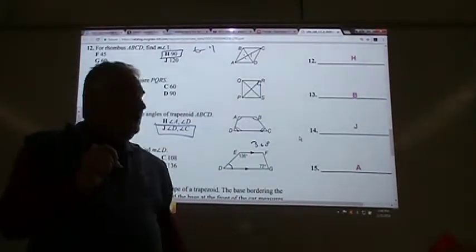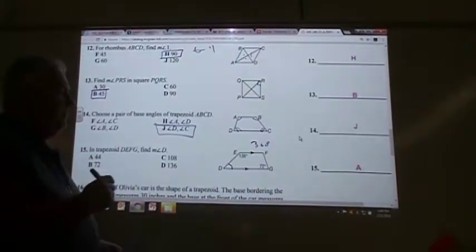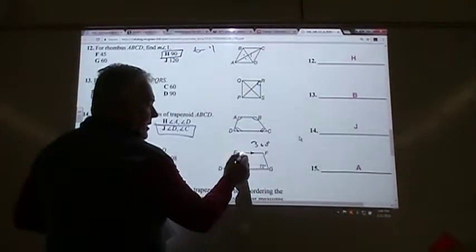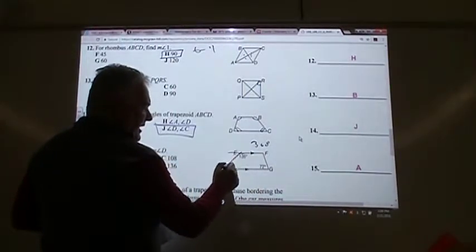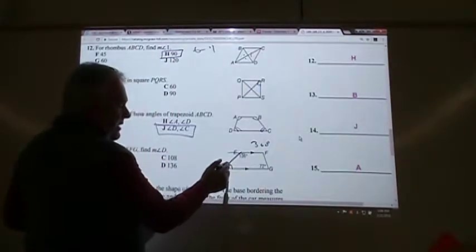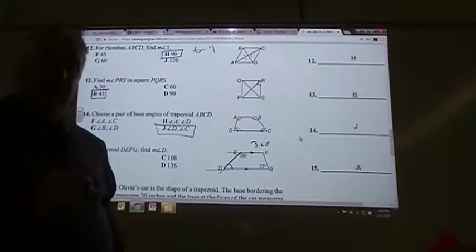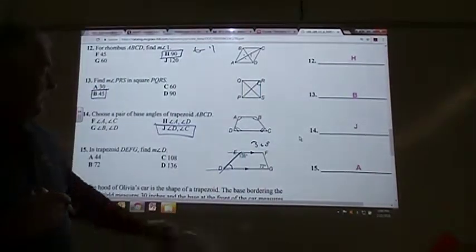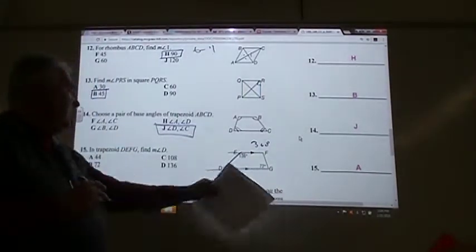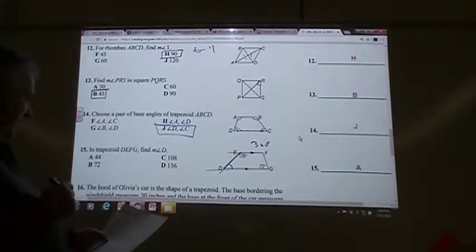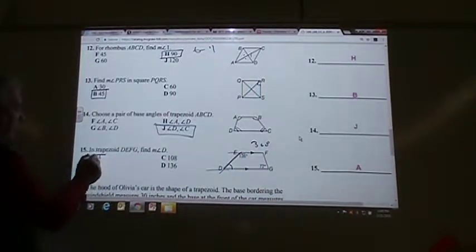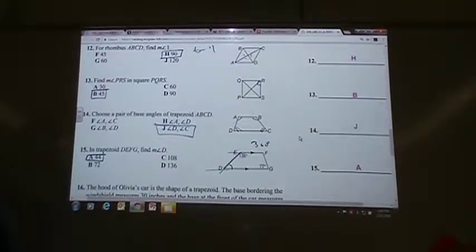Guys and girls, it goes back to our rule about parallel lines. When we have parallel lines and a transversal right here, these two angles are supplementary. They add up to 180. So 136 plus what equals 180, 44.